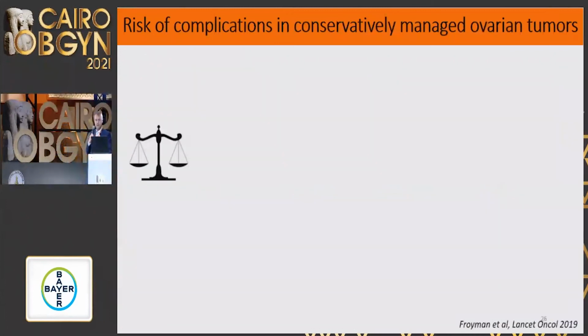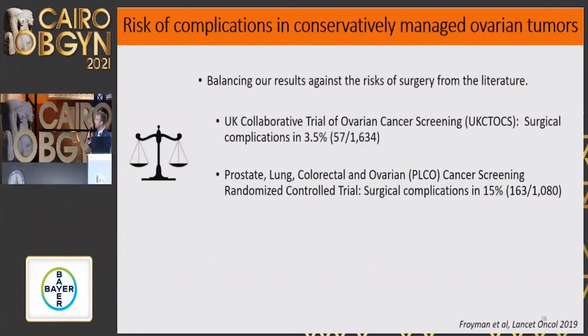I'm coming to the end of my talk. So what happens if you do follow-up in this IOTA phase 5 study and you compare it to surgery in all of the patients? If you look at the study, we started with 1,919 patients, and if you would compare this to the results of possible surgical complications, what if we did not do follow-up, but what if we had removed all of these lesions without doing follow-up?